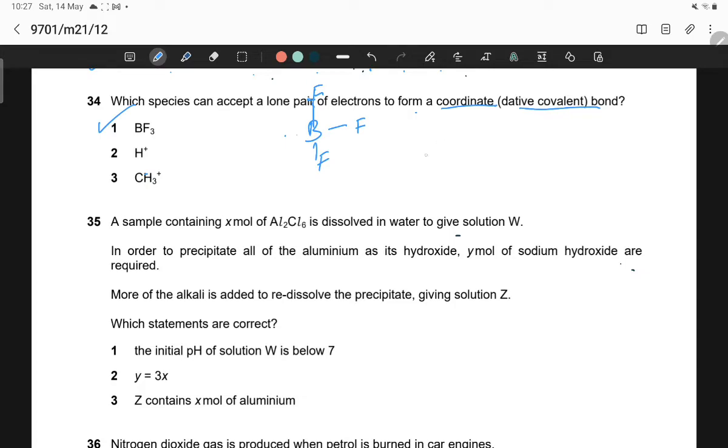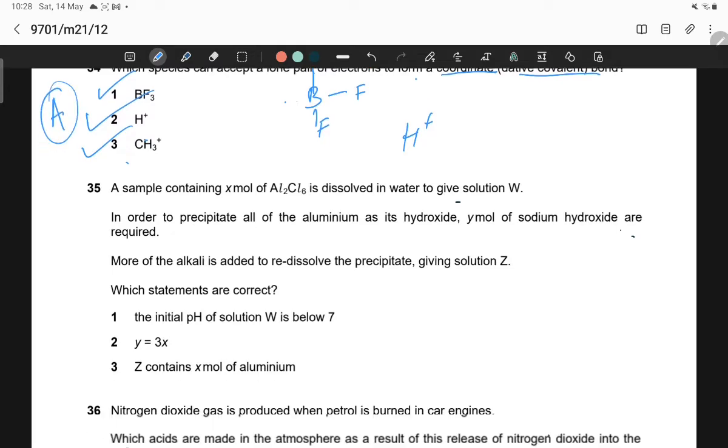H positive is also deficient of electrons, so it also accepts a pair of electrons. CH3 positive is also deficient, so it can also accept the pair of electrons. So this is also incorrect. So if 1, 2, 3 are correct, then the option is A.